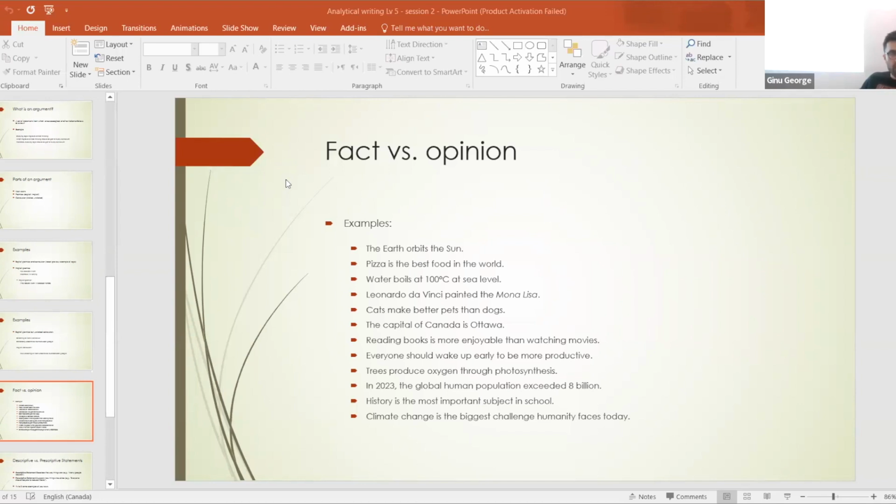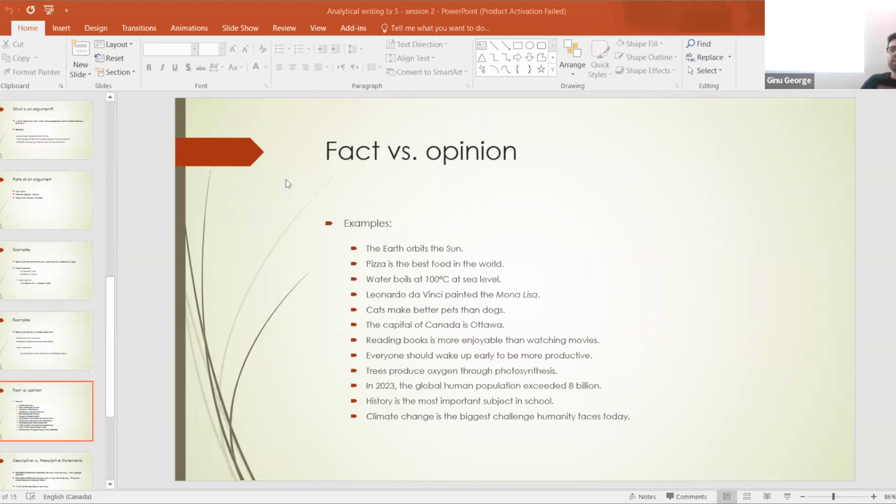So I might have an opinion about the way the government should be run, and I could give arguments for that. So opinion is not necessarily something purely worthless as far as argumentation goes.